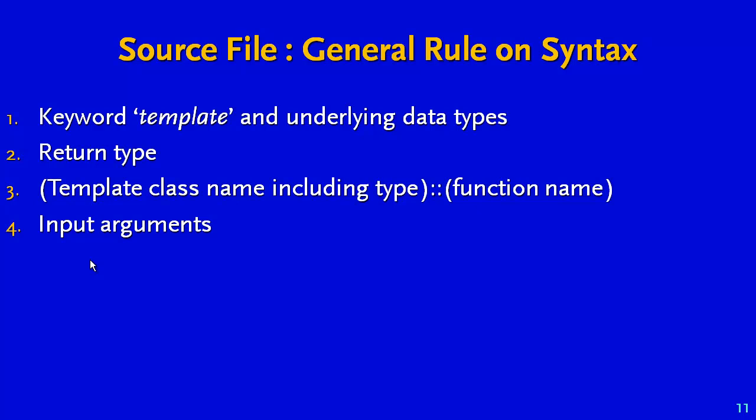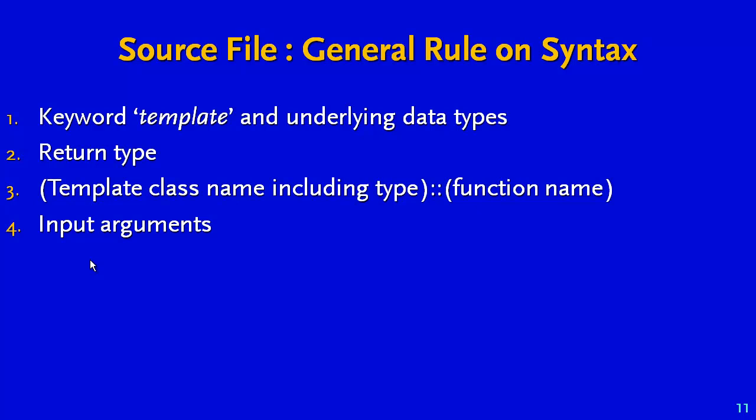You can't just put one big block saying all the functions in here are templates. You have to do it per function. Per function you always give the return type. The return type could also be generic. It could be the T itself, or an array of T's or something.